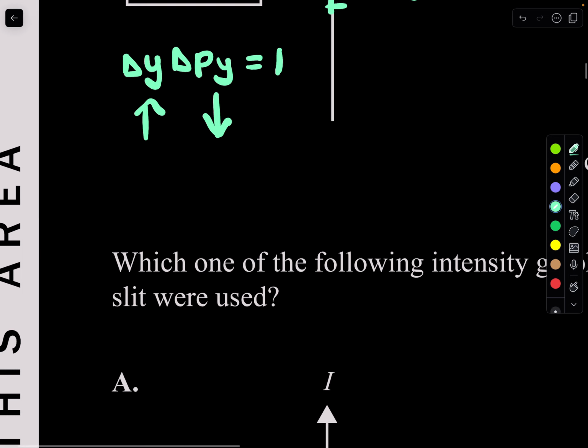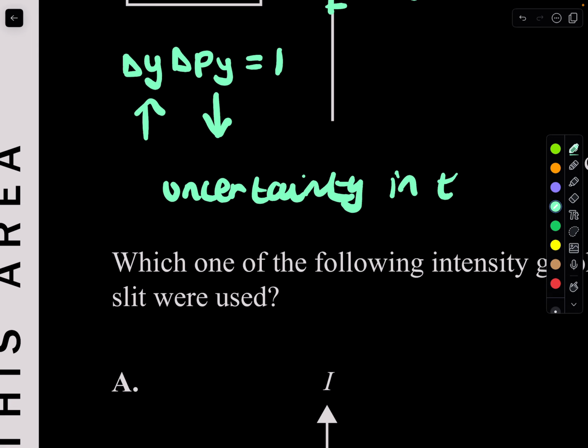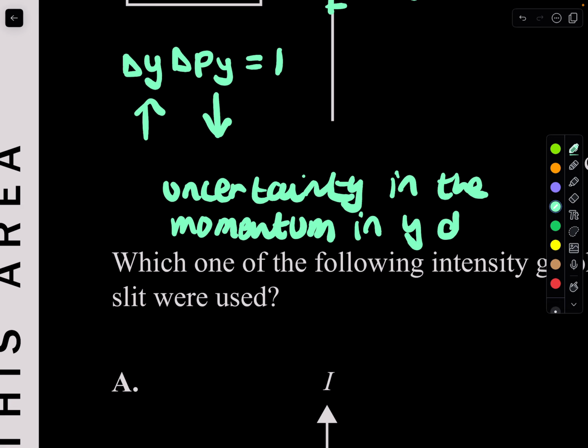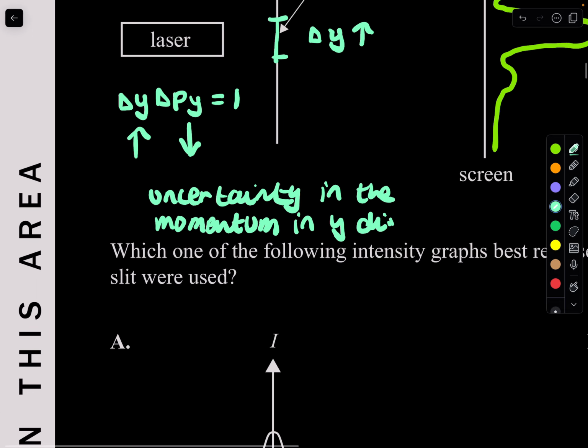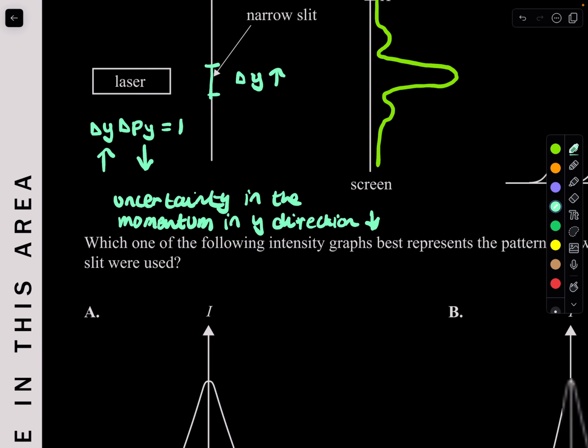So that tells us that the uncertainty in the momentum in the y direction decreases. So that's great, because now we are more certain that more of the electrons are going to be hitting this section of the graph.